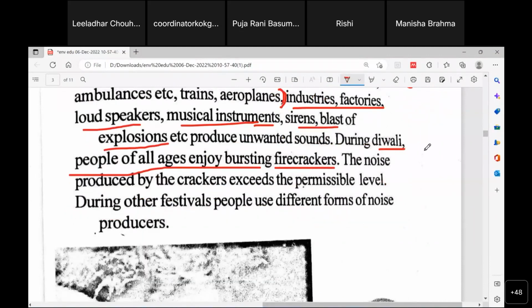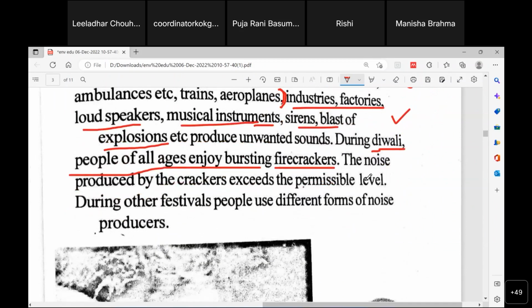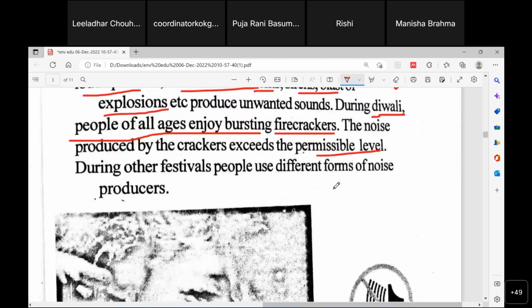It has become a bit of a fashion that after an event, high decibel crackers are burst, creating lots of noise. The noise produced by crackers exceeds the permissible level. So what is the level? During other festivals, people use different forms of noise producers.